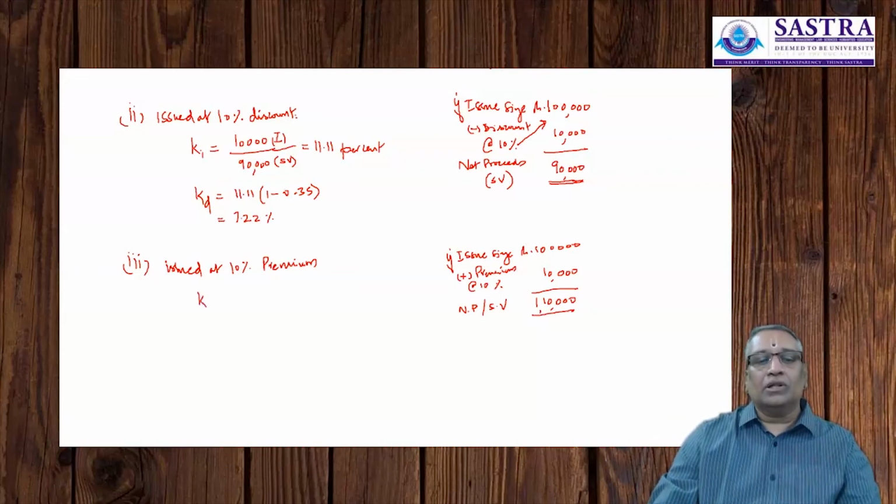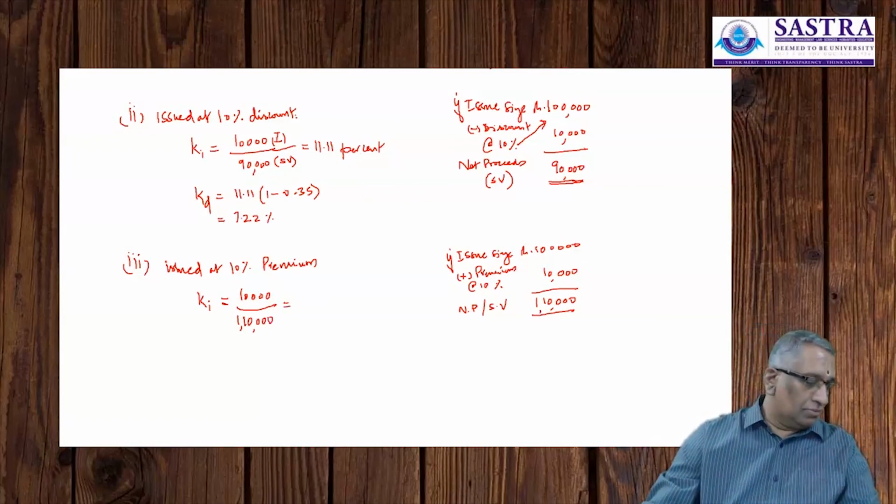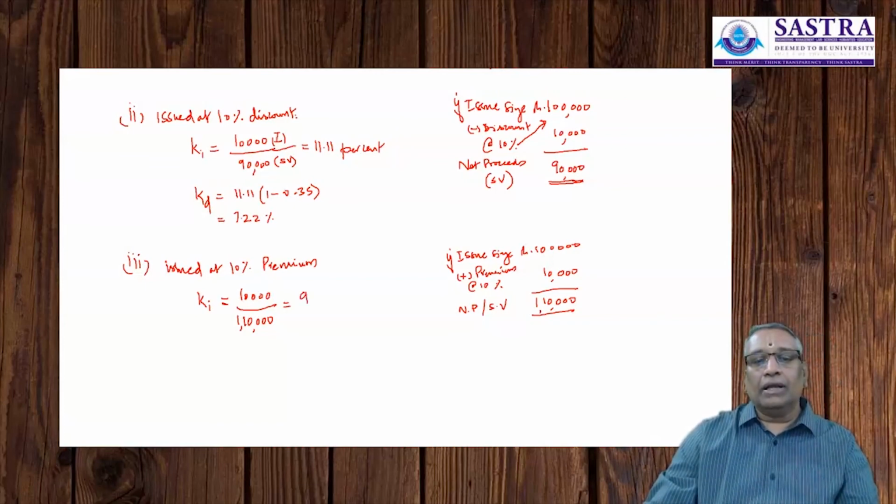So in that case, your pre-tax cost of debt will be 10,000 divided by 1,10,000. Simplifying this, you get 9.09% pre-tax cost of debt.